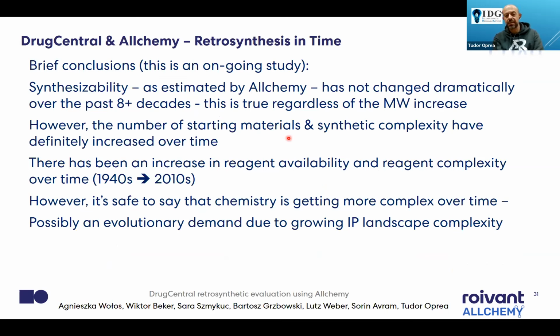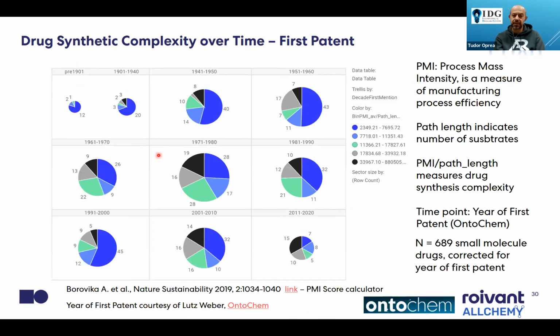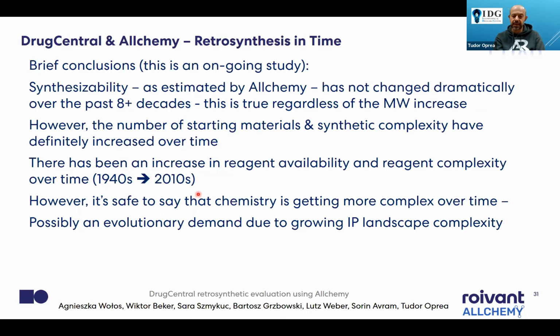It sort of stands to reason that the complexity of reagents that have been available over the last 8 decades has also increased over time. But I think the general conclusion that drug synthetic complexity has increased over time stands regardless of that. And that probably is an evolutionary demand due to the growing intellectual property landscape. So people need to patent. And of course, the only way to patent is to come up with something novel.